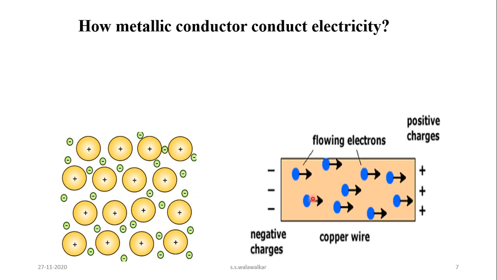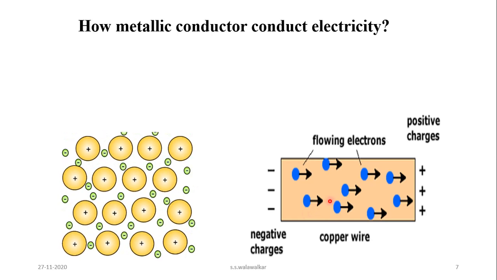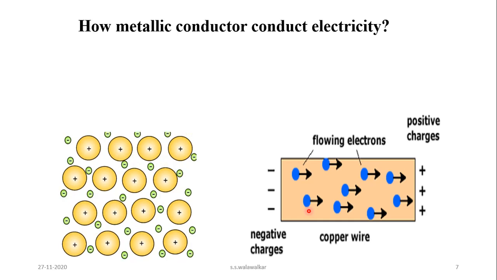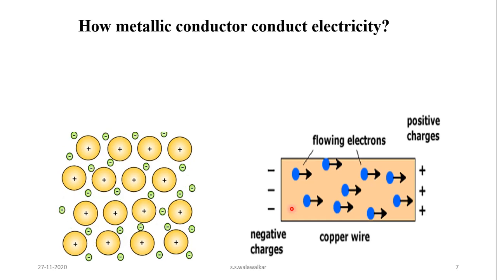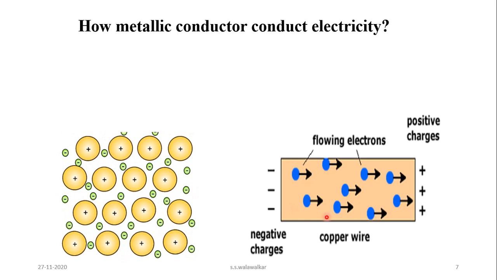When the direction of electrons is not fixed, current cannot flow. But when the electrons flow in a particular direction, current can flow.